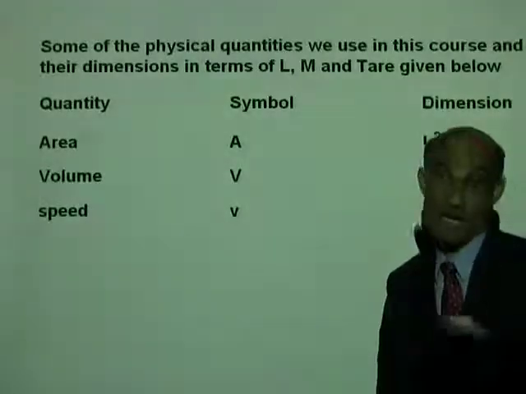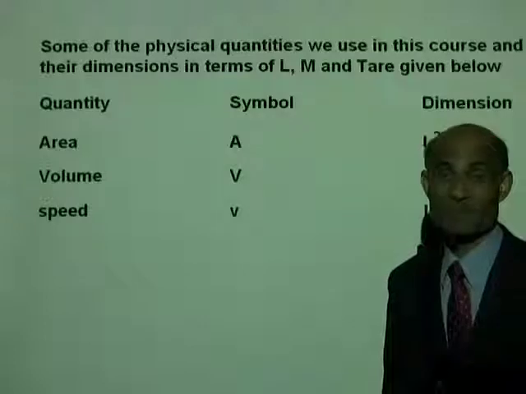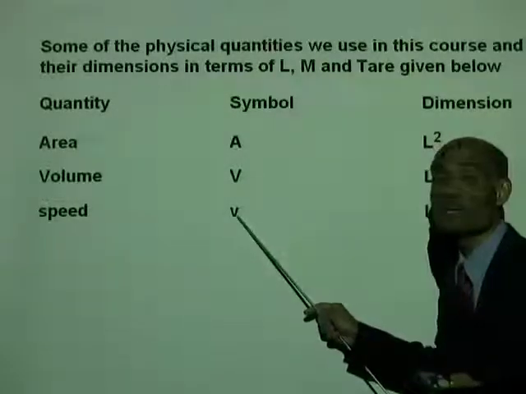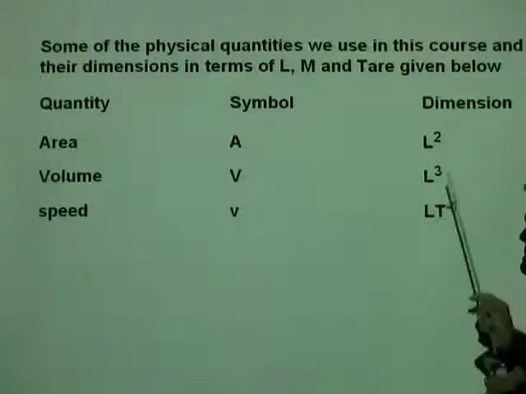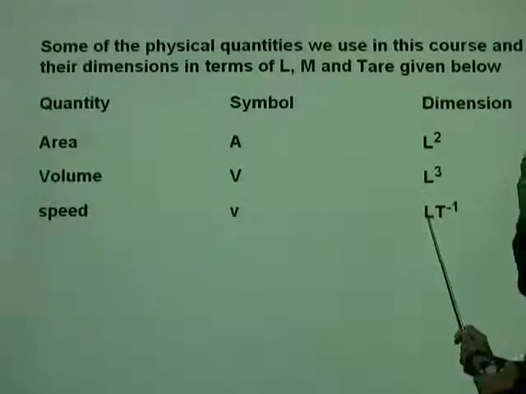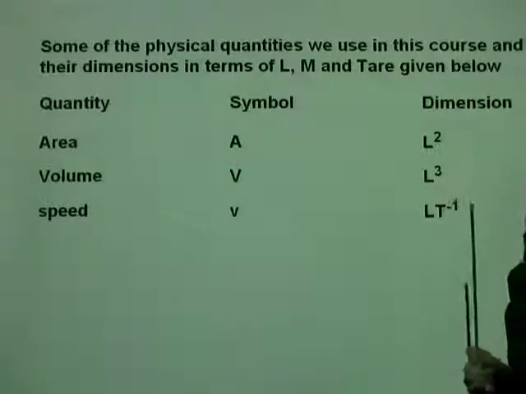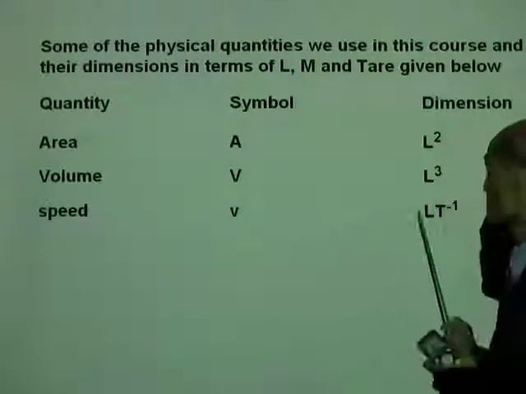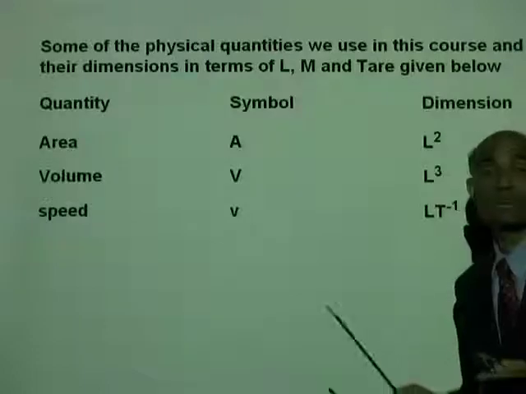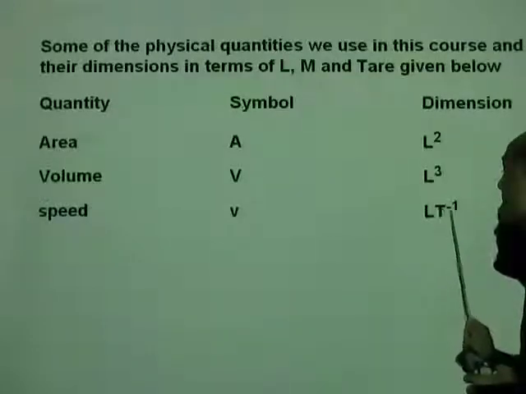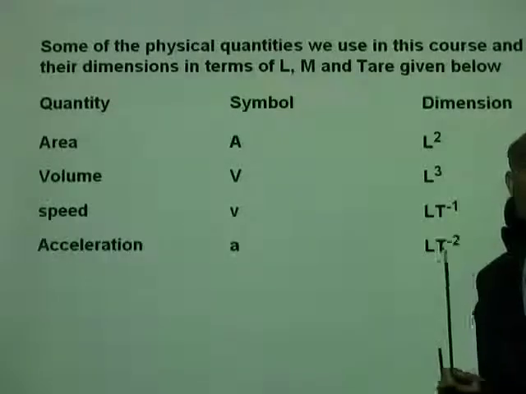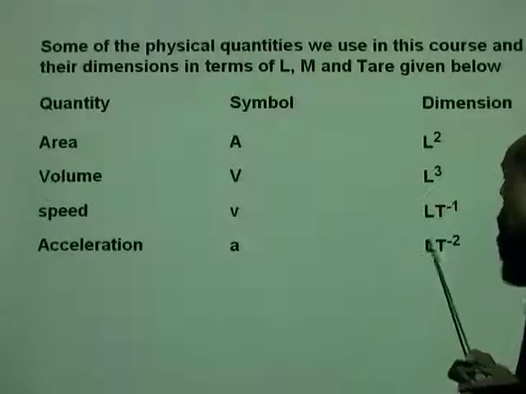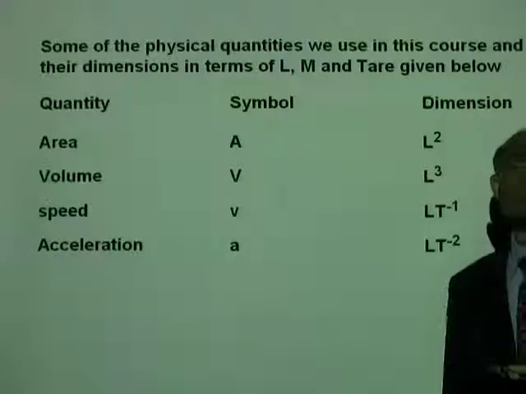Speed. Well, I asked you, is that right? I'm sure most of you got it. We represent speed by V. Its dimension is LT to the power of -1. Distance divided by time. So the dimensions of speed is LT to the power of -1. Acceleration, we just did it, LT to the power of -2.